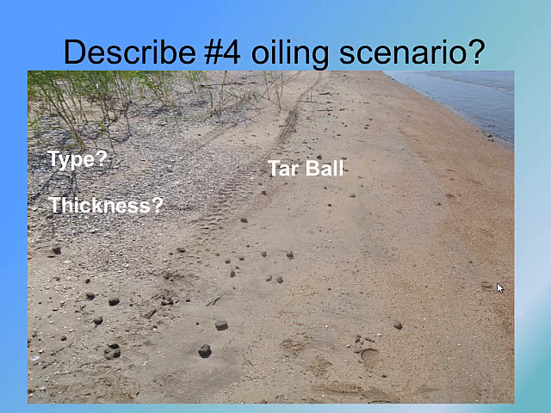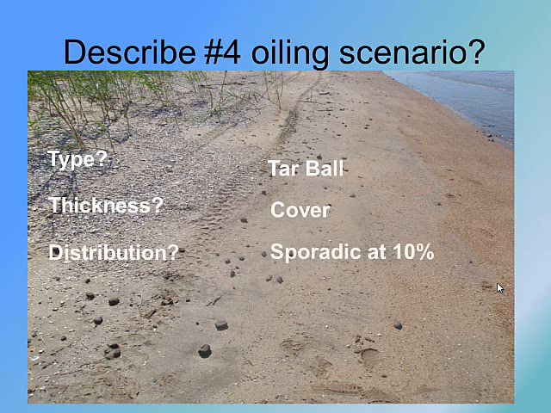Our thickness is kind of hard to tell with the picture, but let's go with cover, I guess, because it's more mixed up with sediment, so it's not all complete oil. Our distribution here is sporadic, at about 10% tar balls going off here.